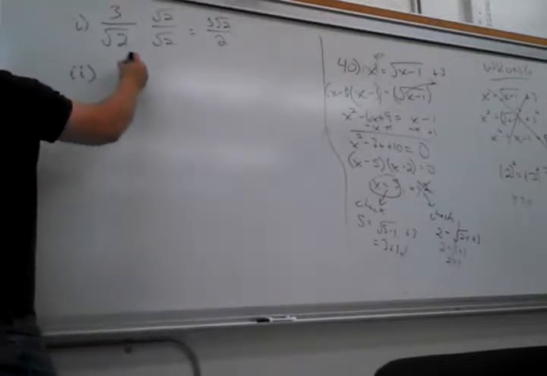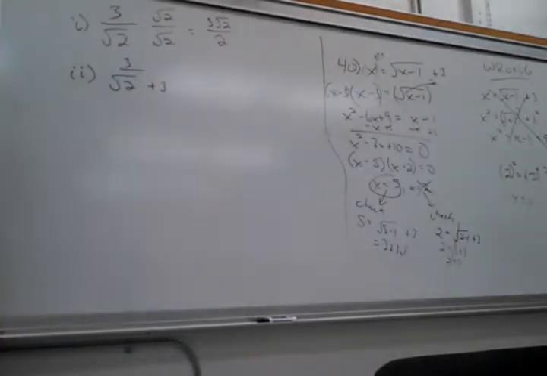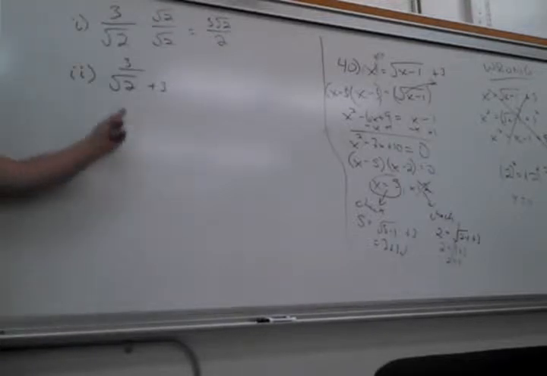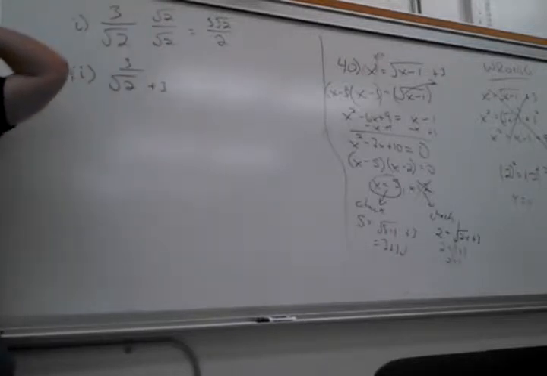So what if I have something like this here? If you've done your homework, you should have seen some things like this. And now I'm curious what you did. There are examples that show you how to do this. I can't just multiply by the square root of 2 anymore, because then there's still a square root on the bottom, and I don't want any square roots on the bottom.